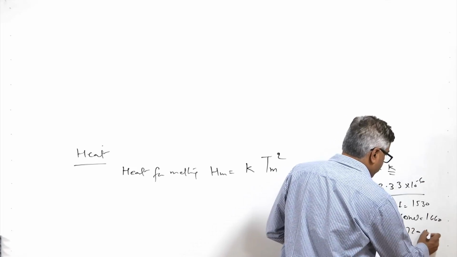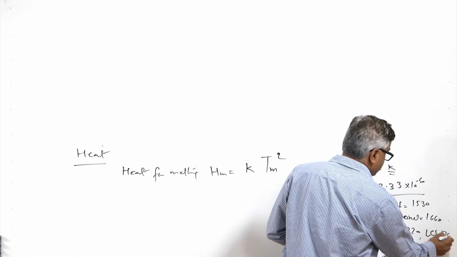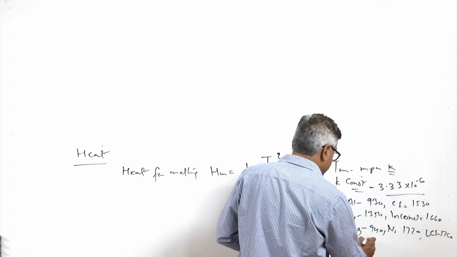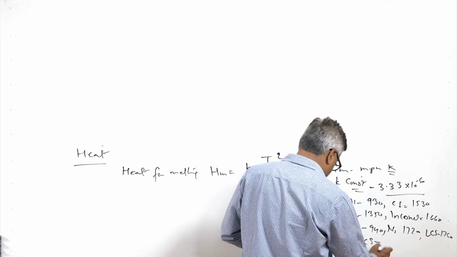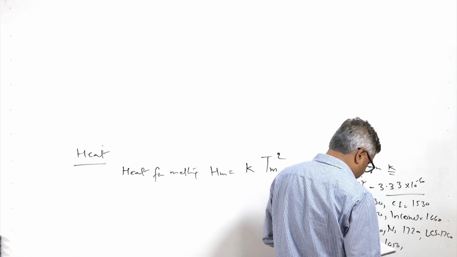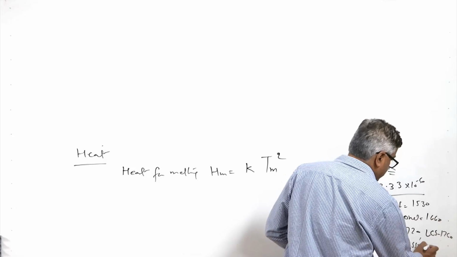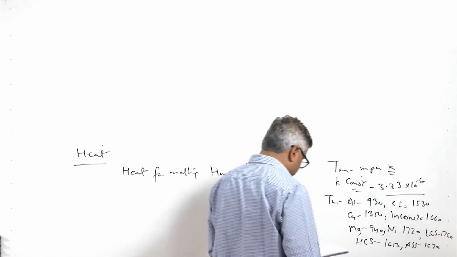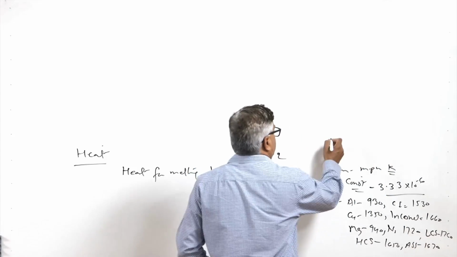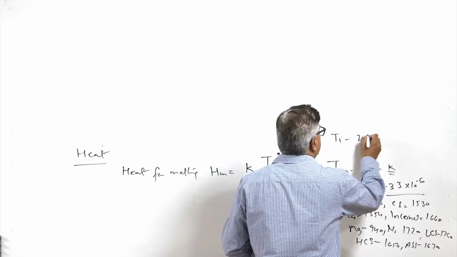For low carbon steel 1760. For high carbon steel it is comparatively low, 1650, and austenitic stainless steel say 1670. Lastly for titanium, which is much higher, 2070.